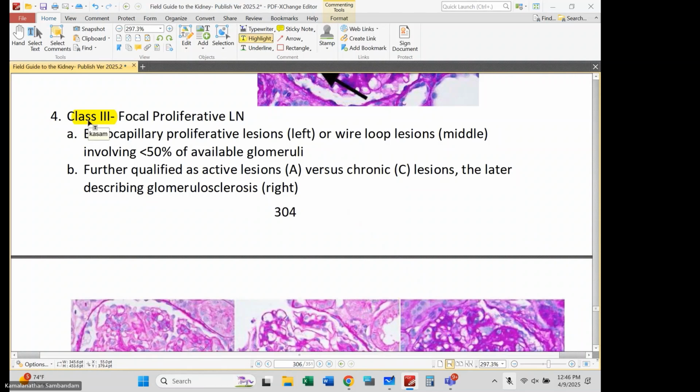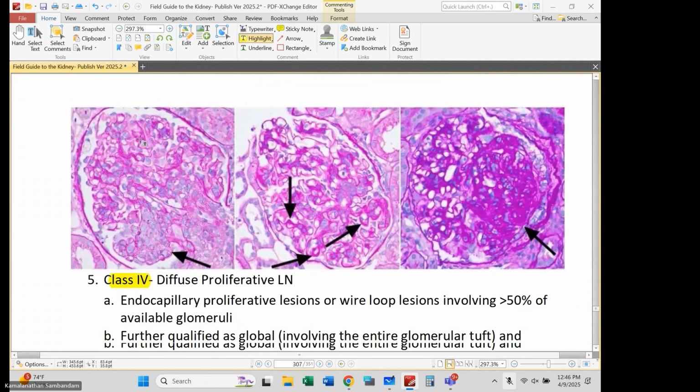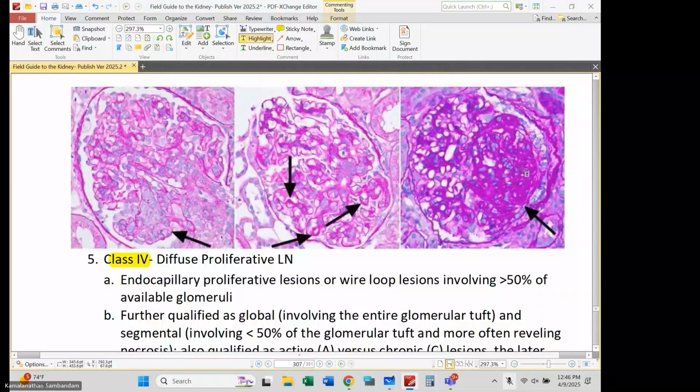It's all just segmental scars. If that's focally distributed, meaning less than 50% of the glomeruli, they'll call it a class 3. If you see segmental or global scars as well, global being the entire glomerulus involved by scars, and greater than 50% of glomeruli, they'll call it a class 4.